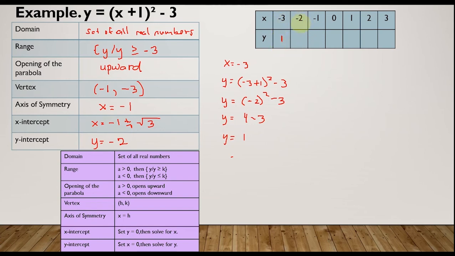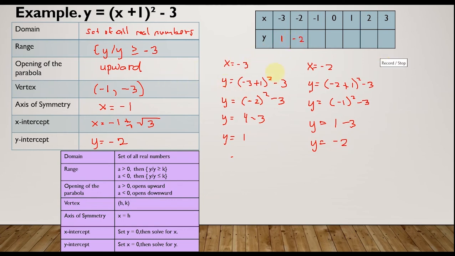Then proceed with the next number. X equals negative 2. Y equals (negative 2 plus 1) squared minus 3. Y equals negative 1 squared minus 3. Y equals 1 minus 3. Y equals negative 2. So that is your value here.